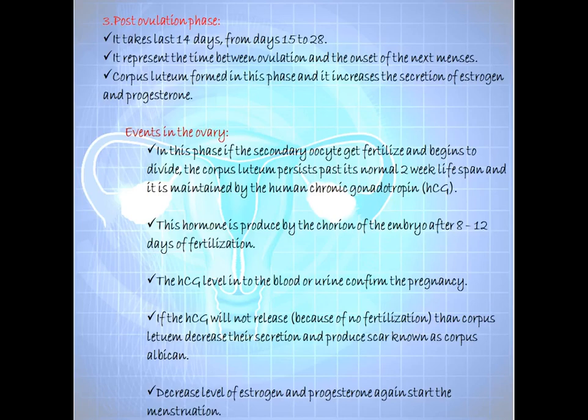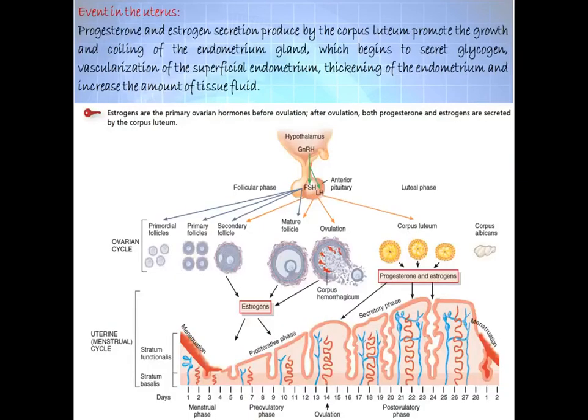The hCG level in the blood or urine confirms the pregnancy. If hCG is not released, the corpus luteum decreases its secretion and becomes a scar known as the corpus albicans. Decreased levels of estrogen and progesterone start the menstruation.